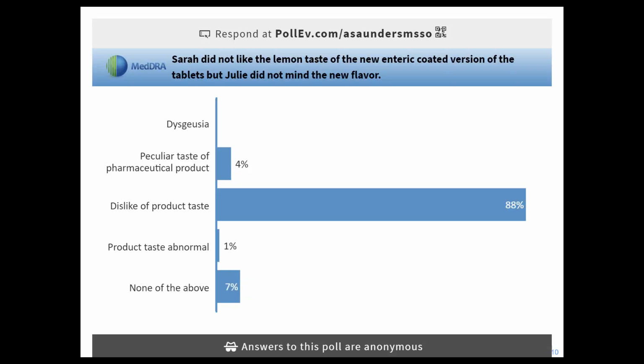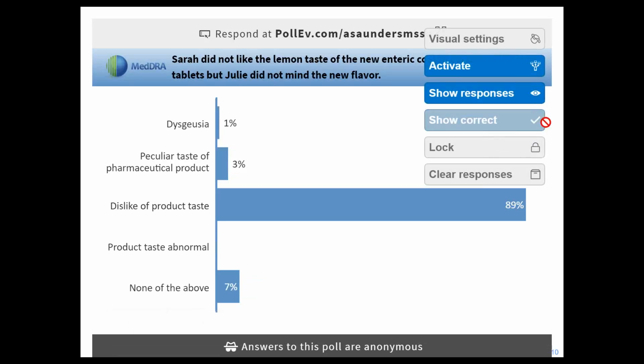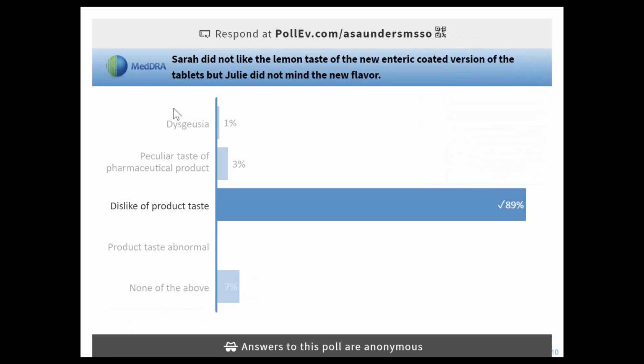If we look at the hierarchy, that is a problem with the product having a peculiar taste. It's not a defect in any way with the product itself. It's just that this particular lady doesn't like it. It's not an abnormal taste. So, as most of our attendees have said, she just dislikes the product. Dislike of product taste. Mm-hmm.